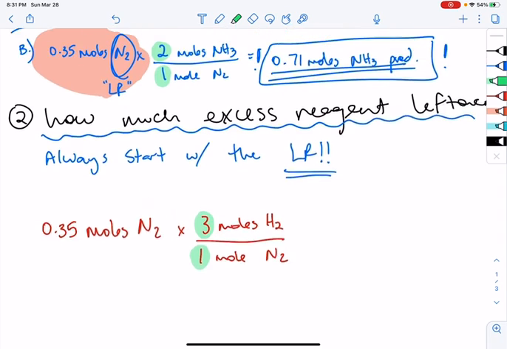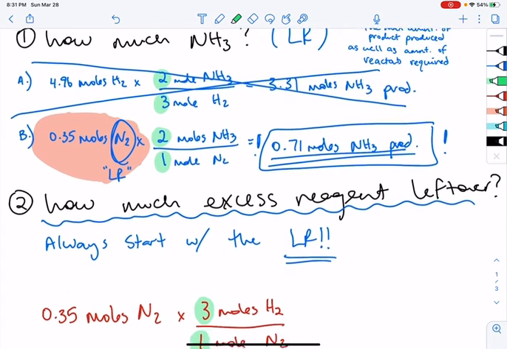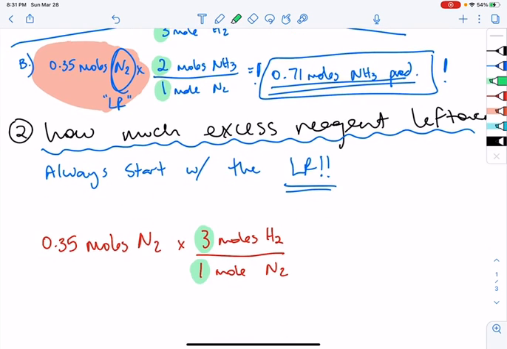This is the exact same thing we did in the previous problem, except instead of converting to a product, NH3, we're just converting from a reactant to a reactant, okay? So if we do this, we get 0.35 times 3, we get 1.05 moles reacted. That's what this is telling us, right? When we convert from a reactant to a reactant, that tells how much reacted.